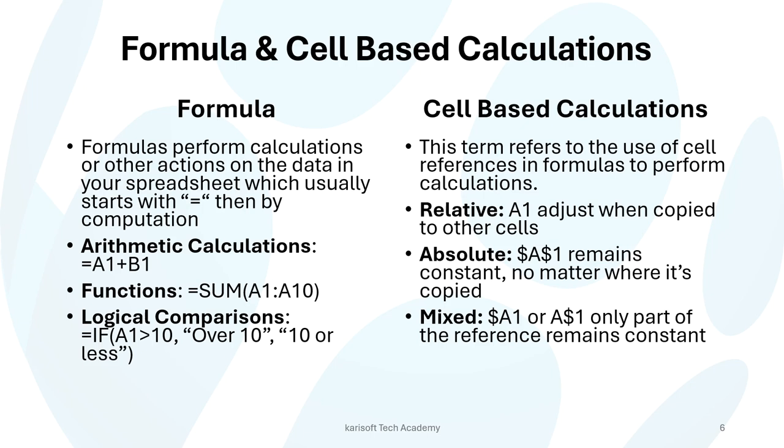But if you want the value in A1 to remain, what you refer to is absolute referencing. You have the dollar sign before the A and the dollar sign before the 1, in this case the 1 is the row, the A is the column. So you lock that cell with the dollar sign. I'll get to that shortly. And if we have mixed referencing, that will be $A1 or A$1, which means that only part of the reference remains constant.